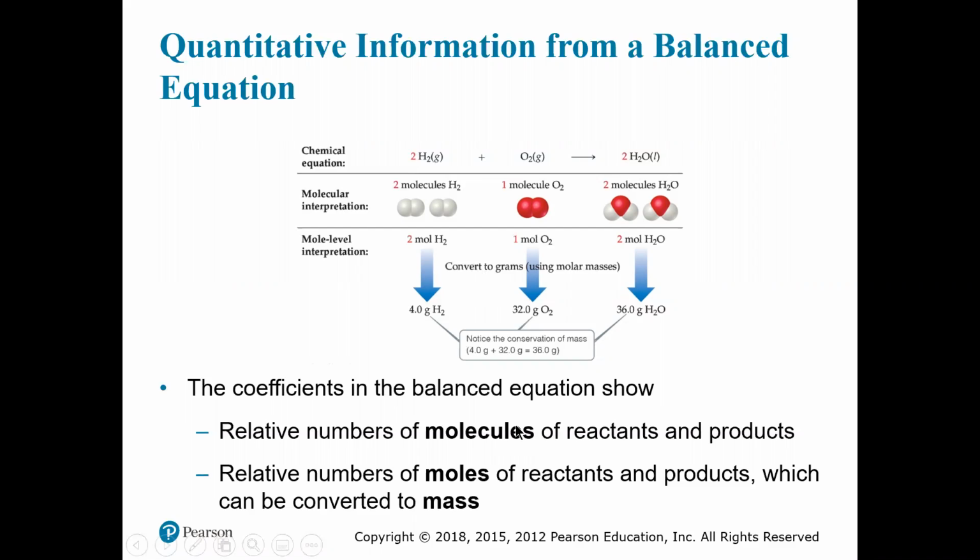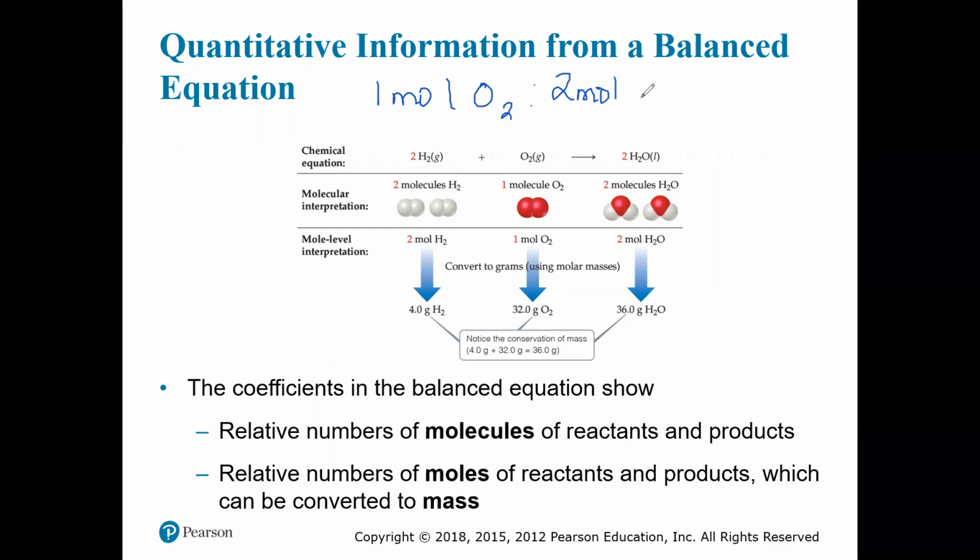There's a couple ways that I could write this as far as mole relationship. I could say, for every 1 mole of oxygen, I need 2 moles of H2 to make it work. If I want to produce 2 moles of H2O, I need to have 2 moles of H2.